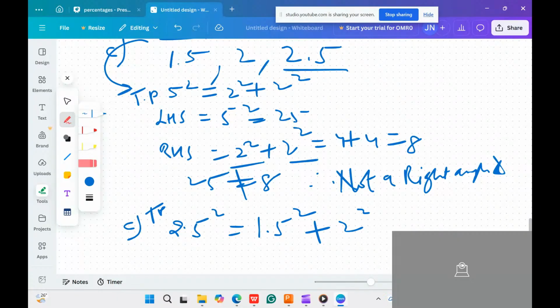So 2.5 square is 625, and there is decimal and then it will become like two places. So 6.25 and 1.5 square is 2.25. Again, we will place 2.25 plus 4. So yes, it is equal because 2.25 plus 4 is 6.25. C is true. Correct.